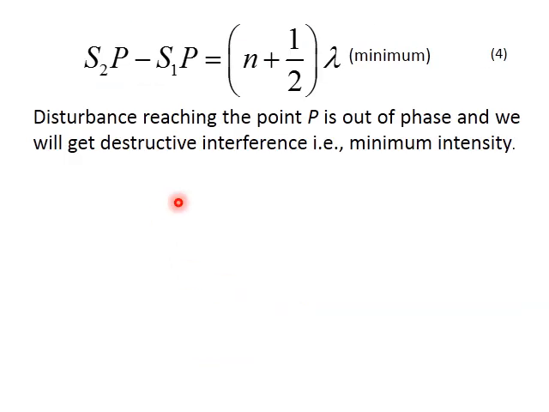So now condition for destructive interference, that is what? When S2P minus S1P is equal to n plus half multiple of lambda. So this is my condition for destructive interference. What will happen?